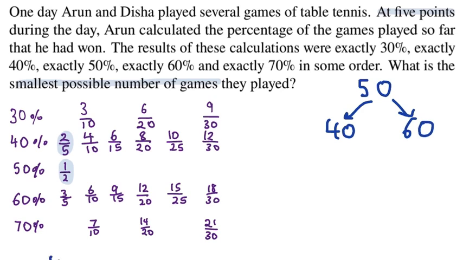I'll just label that as W over G. Say the next fraction we pick is W plus K over G plus L. So K is representing the number of wins from point G to point G plus L. And L is looking at the difference between the number of games played.